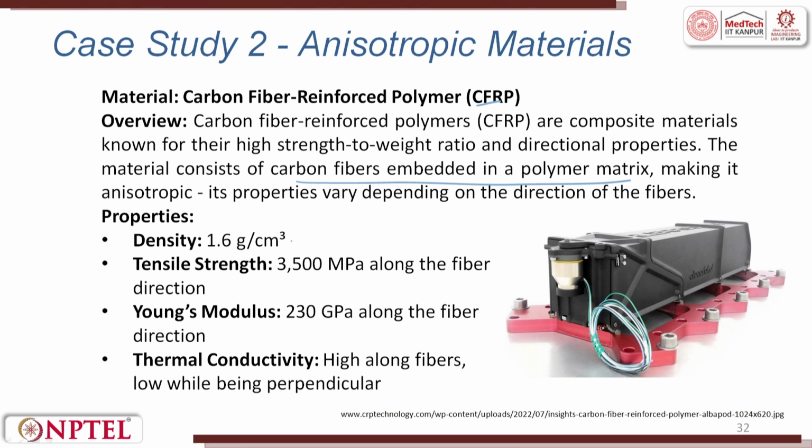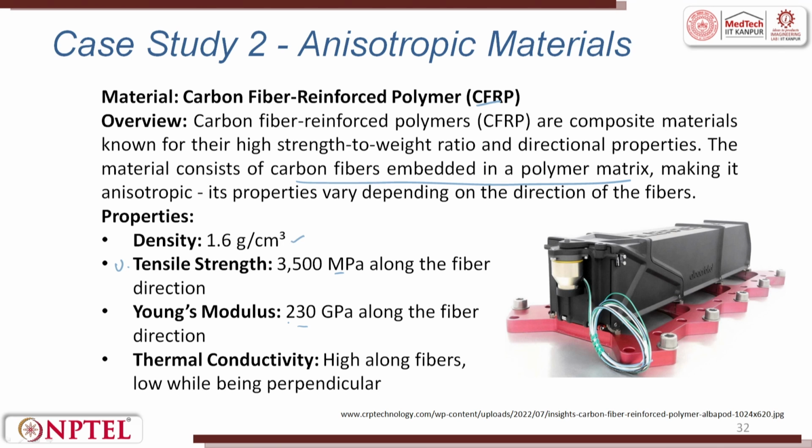The density is 1.6. Tensile strength is 3500 megapascal along the fiber and Young's modulus is 230 GPa along the fiber direction. So, the tensile strength is 3500, that is nothing but ultimate, and Young's modulus is 230 GPa.